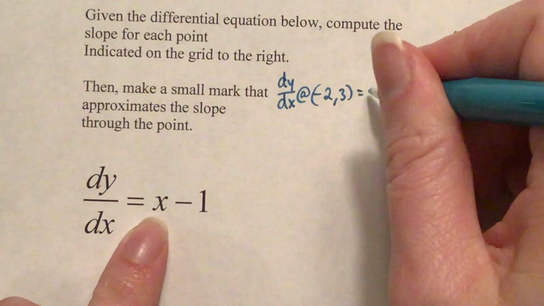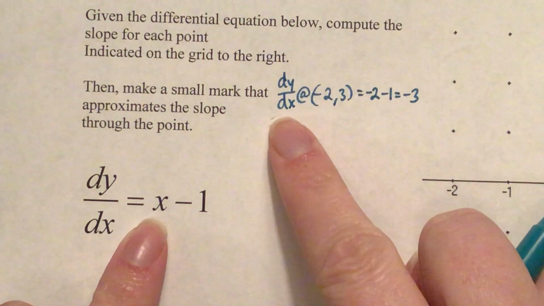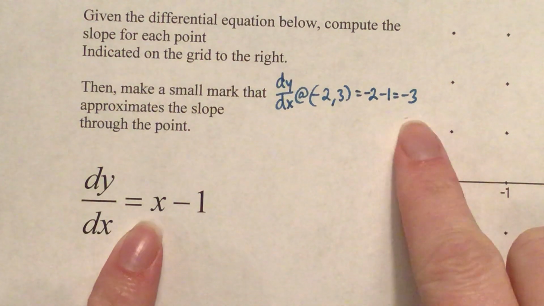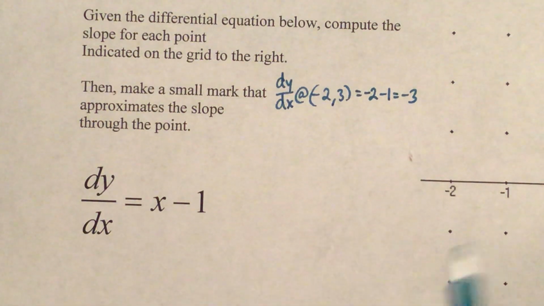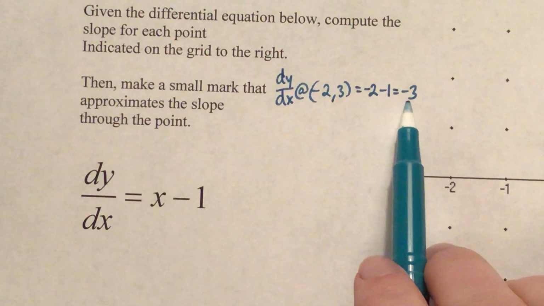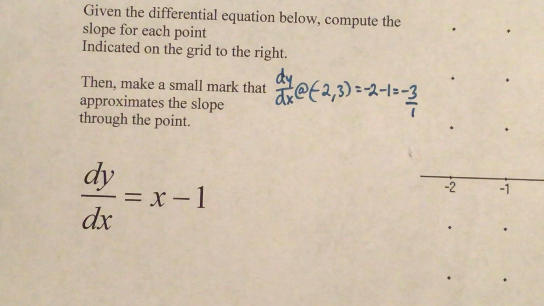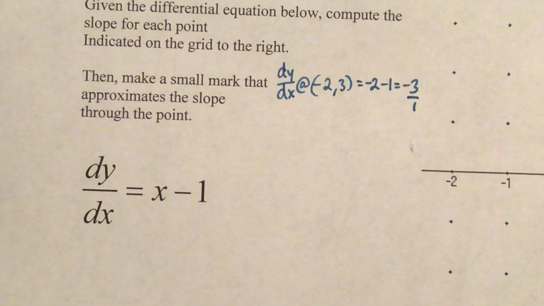And so I'm going to put equals -2 minus 1 equals -3. So dy dx equals -3. So the slope at -2, 3 is the slope -3, or -3 over 1, if you want to think about fractions. When does everyone want to think about fractions? Always.